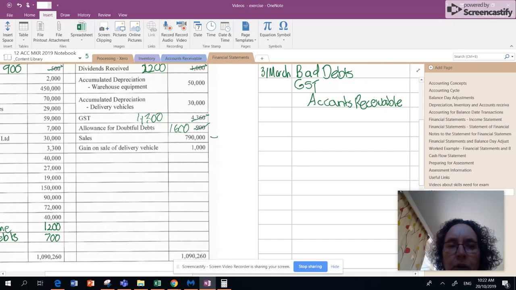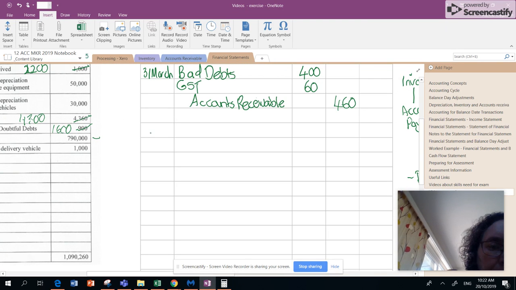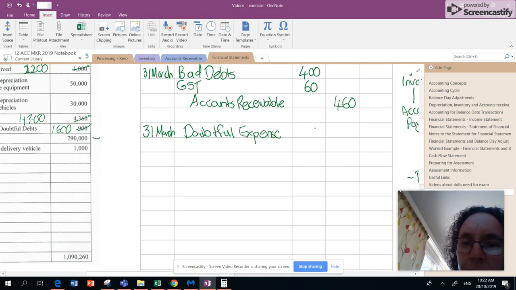So let's look at the journal entry. 31 March. It'll be a debit to doubtful debts expense because in this case it is an expense for us, and a credit to allowance for doubtful debts because it's increasing.